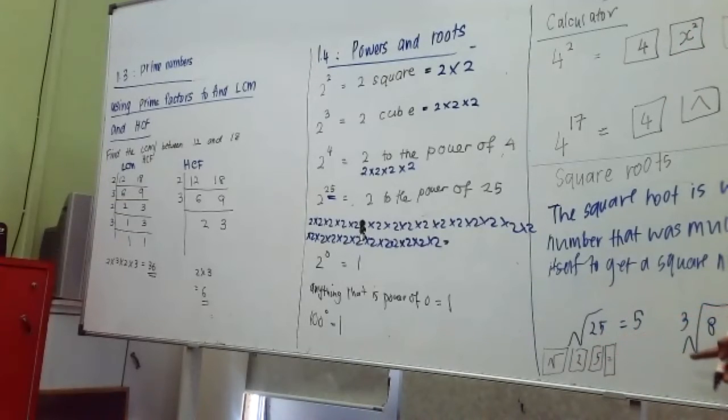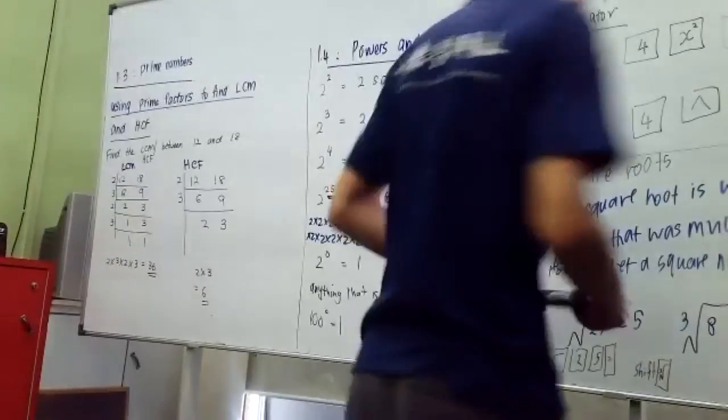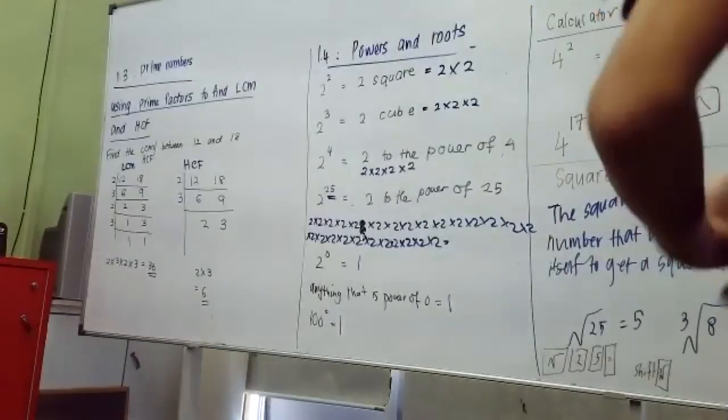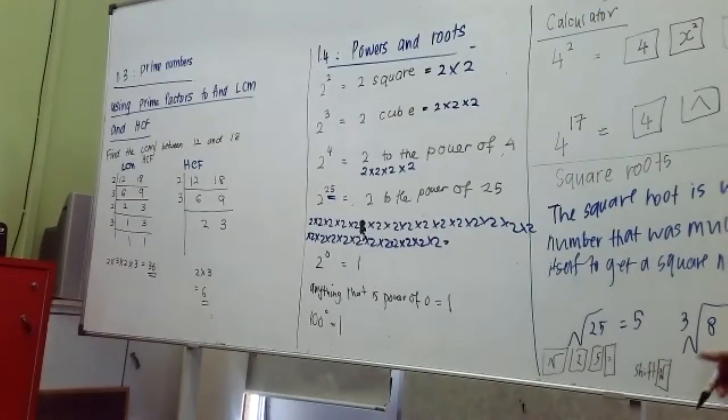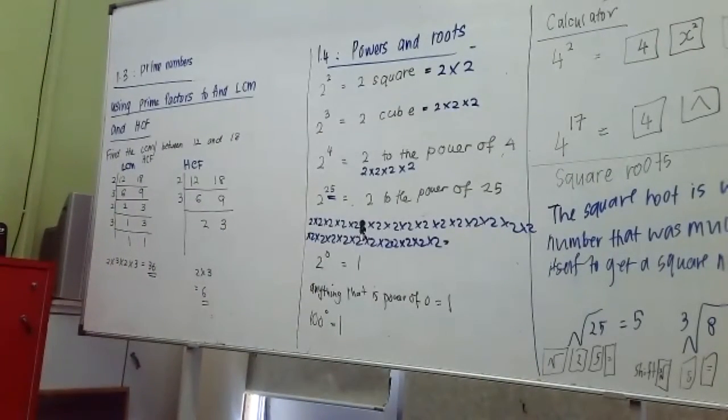Okay, this is for the first one. Shift, for this one we use shift and then the cube root, press 8 and then equal, you'll get the answer.